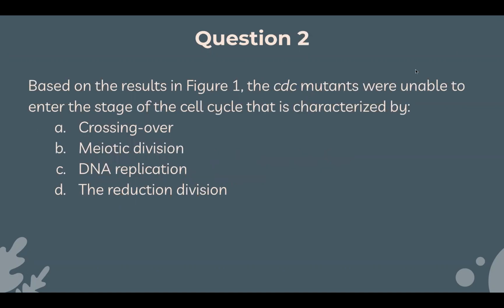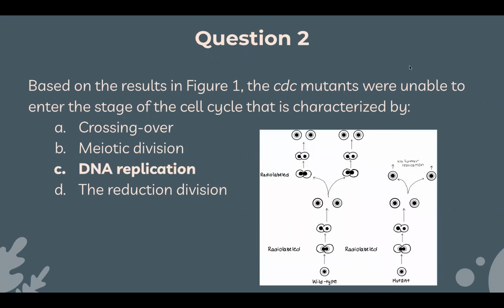All right, and what did you guys get for this question? Okay, so the correct answer is C. The passage stated multiple times that the cells are undergoing mitosis, and crossing over, meiotic division, and reduction division are all characteristics of meiosis, so they have nothing to do with mitosis.